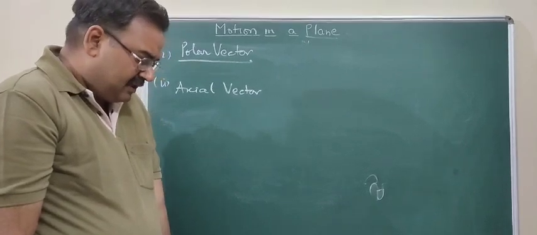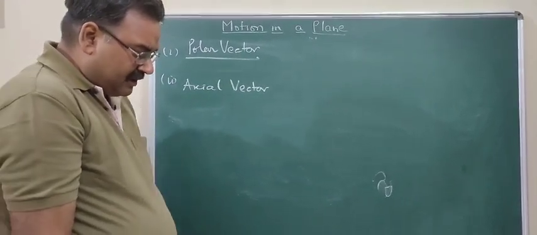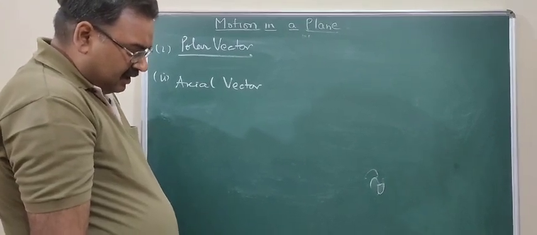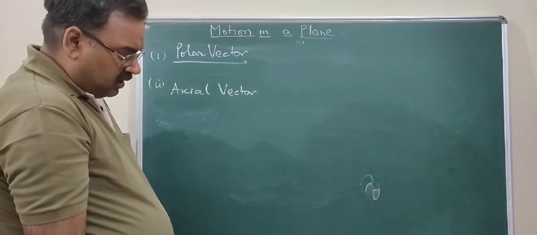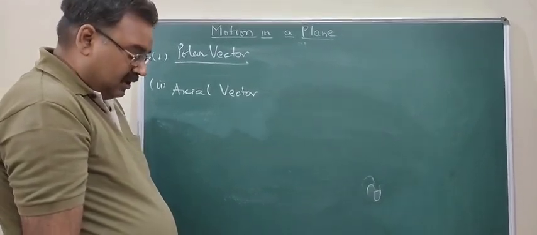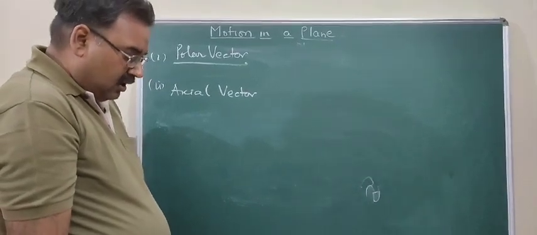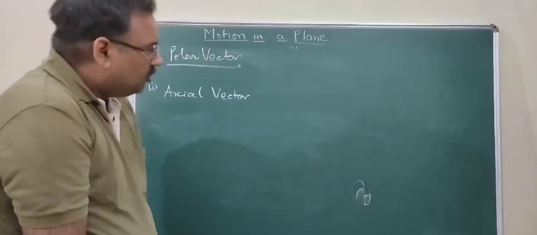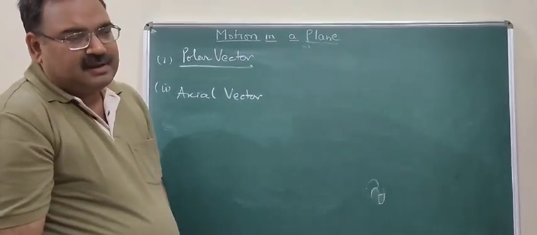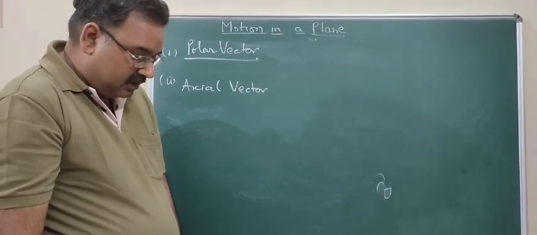Next we have axial vectors. Axial vectors क्या होते हैं? When the physical quantity represented by the vectors is not confined along a straight line, but it is described by a plane. So any physical quantity that is explained by a plane but not along a straight line is known as an axial vector.